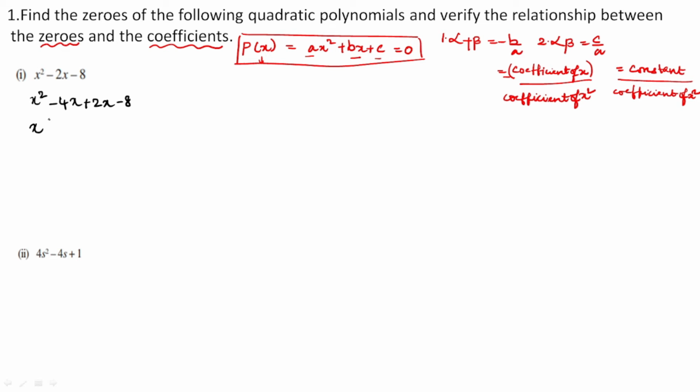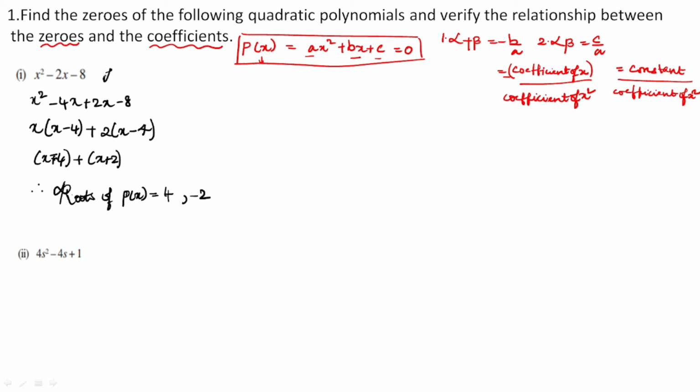This can be further factorized: x can be taken out as common, giving x into x minus 4, plus 2 into x minus 4. The common factor being x minus 4, the other factor is x plus 2. So the roots are 4 and minus 2.